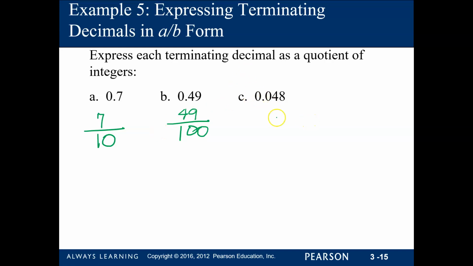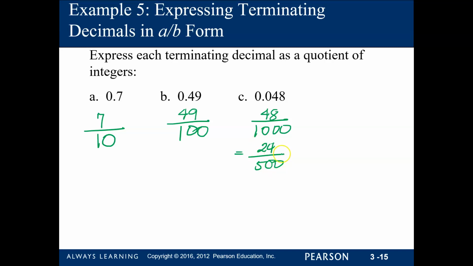Now, when we go to 0.048, you read this as tenths, hundredths, thousandths, so this is 48 thousandths. We can see that we can simplify this because both of them are even numbers. So if you divide them by 2, this will become 24 over 500.